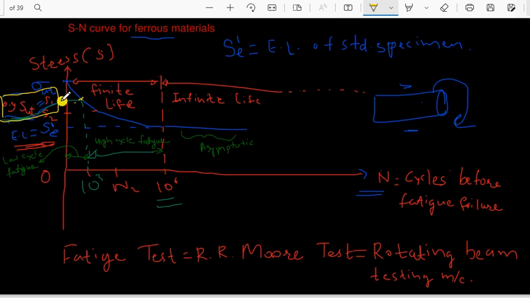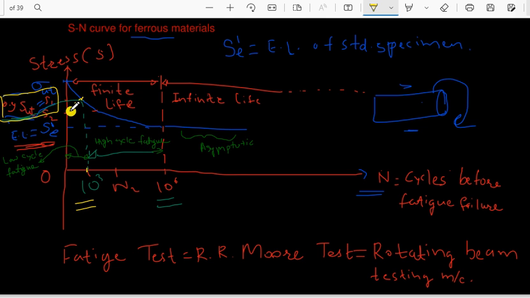Let us say this y coordinate is 90% of SUT, and on the x-axis I will get the x coordinate, which will denote the number of cycles before the fatigue failure. So here you can see for ferrous material, up to 10 to the power 3 cycles you can get the life if you put the stress equal to 90% of its SUT. Right?